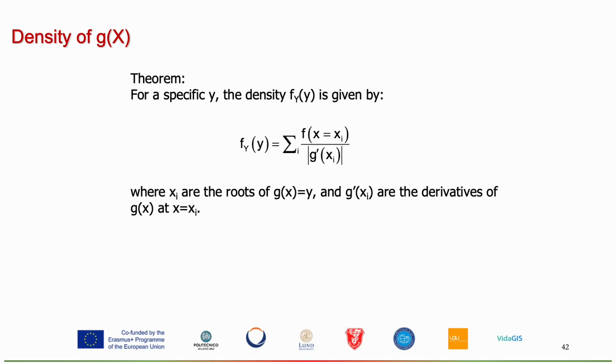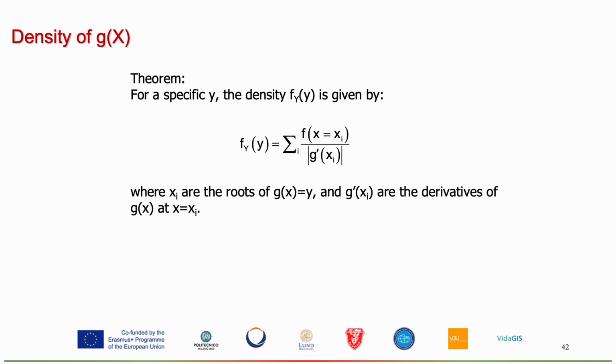For each x that generates y, you take the density function of x at that point, you divide by the first derivative of g with respect to x in x_a, and then you sum all these ratios. This is the density function of y, exactly as it is written in the slide.